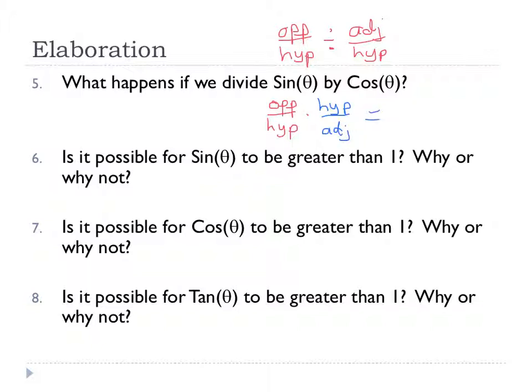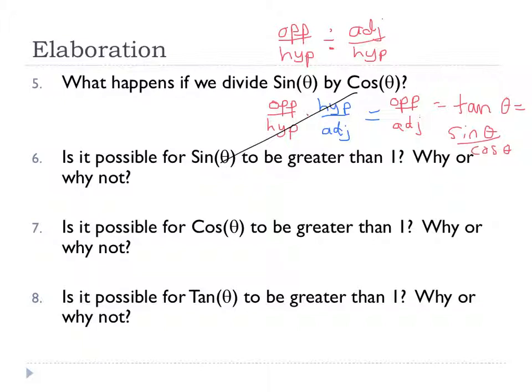And you can see here then that the hypotenuses reduce out to 1, so we end up with opposite divided by adjacent, which is the tangent of theta. So tangent of theta equals the sine of theta divided by cosine of theta.